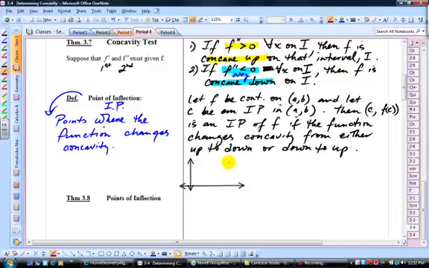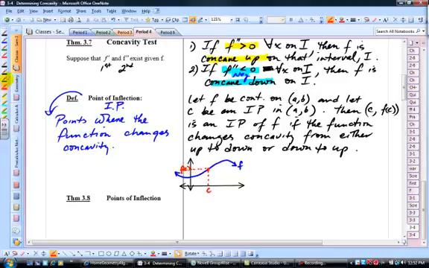The first graph here, let's take a look at this one. There's the function in blue. We have an inflection point right about here at c comma f of c. There's f of c right there, whatever that is.